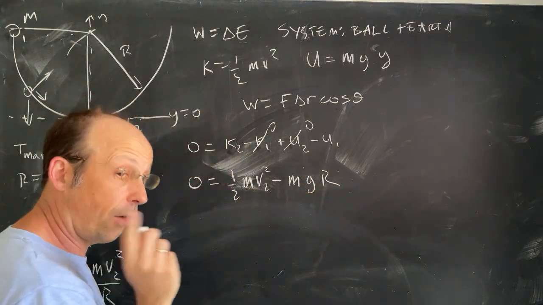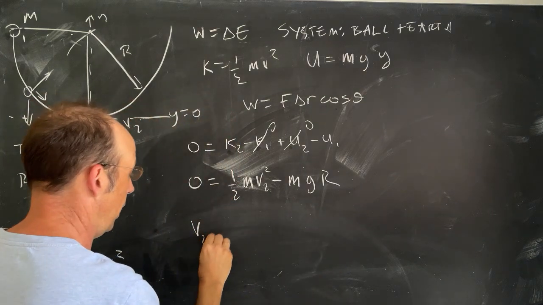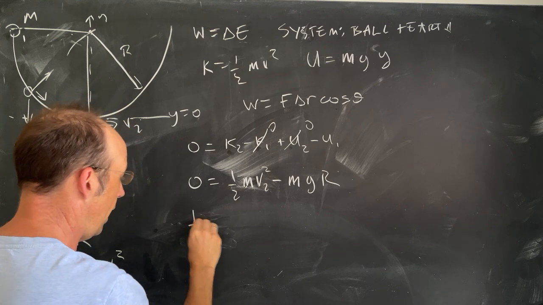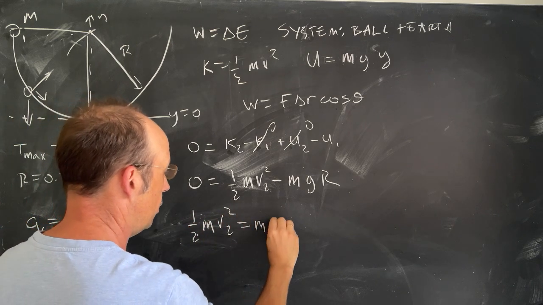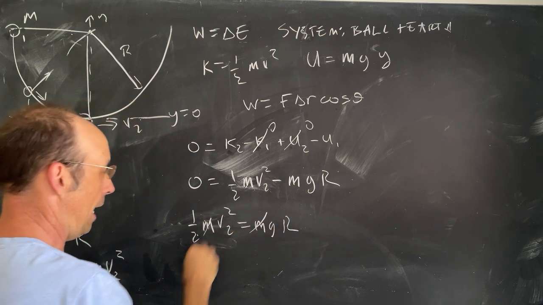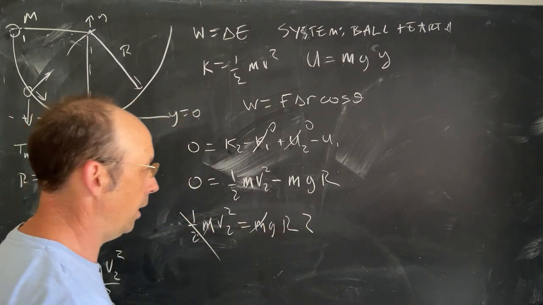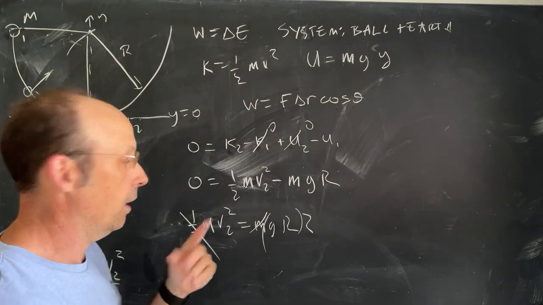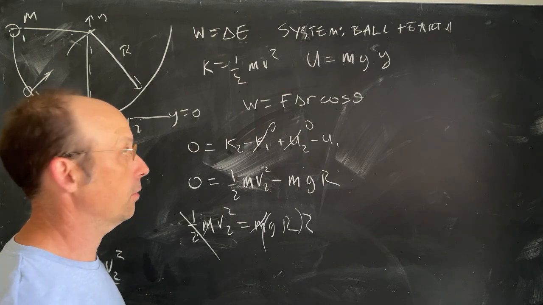Now I could solve for v2, but I'm just going to solve for v2 squared. 1/2 m v2 squared equals mgr. Mass cancels, multiply by 2. v2 squared is 2gr. Okay, it has the right units, meters squared per second squared.